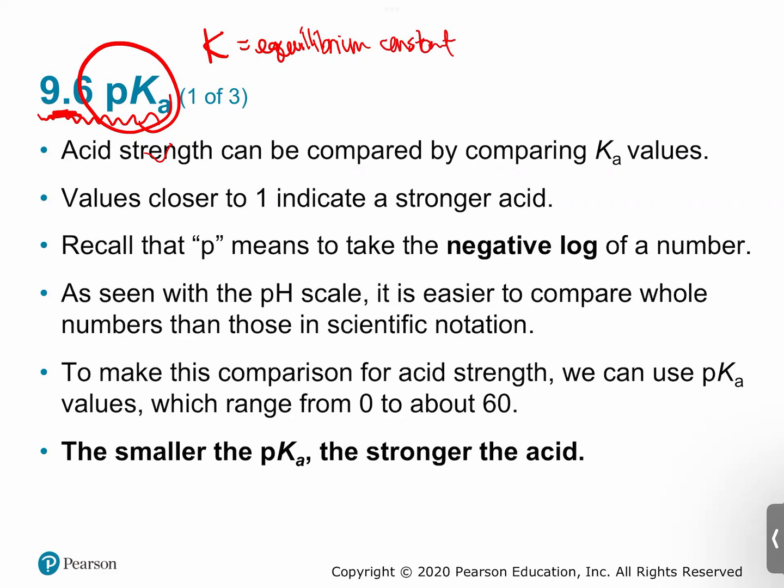And we talked about P, meaning taking the negative log of a number. So the negative log of an equilibrium constant for an acid, subscript A, meaning acid. So basically the negative log for a weak acid's equilibrium constant. That's all we're talking about.